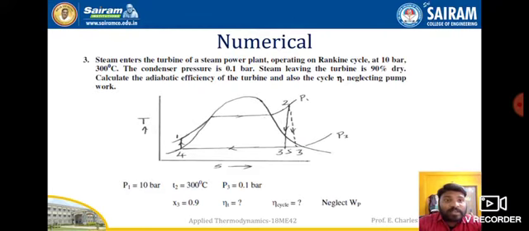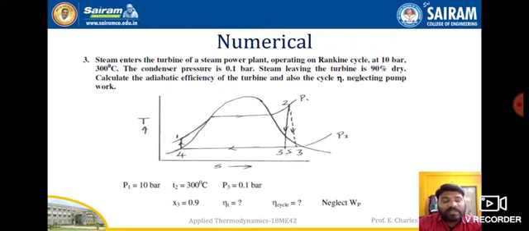Now in this problem it is given as 90% dry. That means it will not fall on the dry saturated line, but will go inside the saturated region. That is why you can see 2 to 3s as a straight, complete line, not a dotted line. So 2 to 3s gives the steam leaving the turbine at 90% dry.